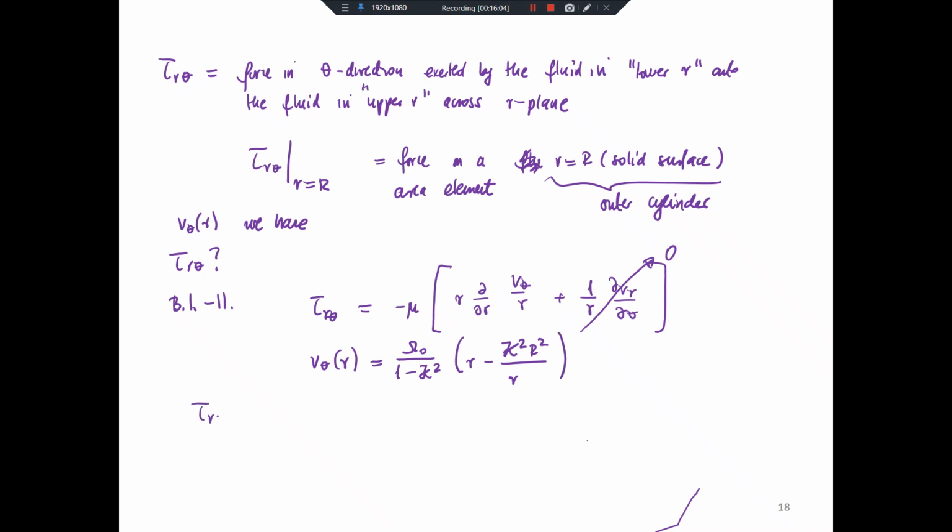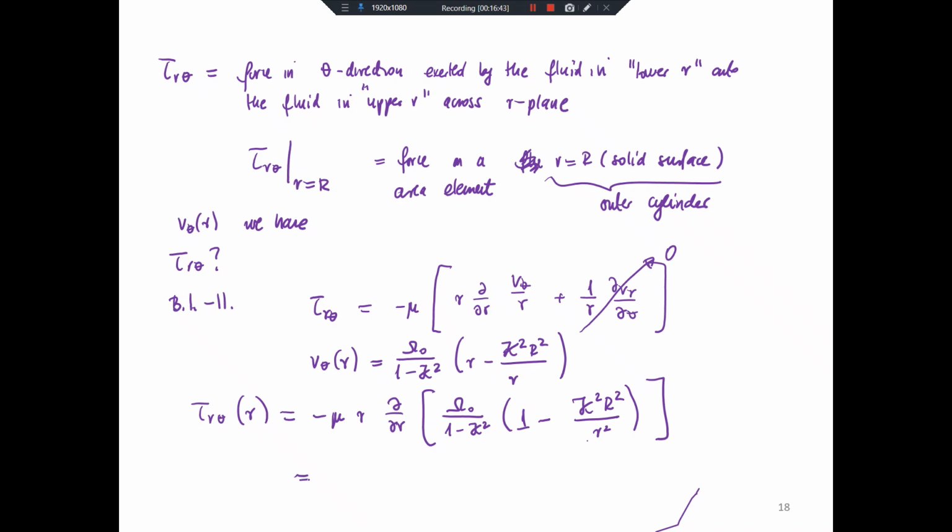So my tau r theta at any radial plane is equal to minus mu r times d/dr of this expression divided by r. That's going to be omega 0 over (1 minus kappa squared), times (1 minus kappa squared R squared over r squared). When I take the derivative, the first part is a constant, so its derivative is 0.